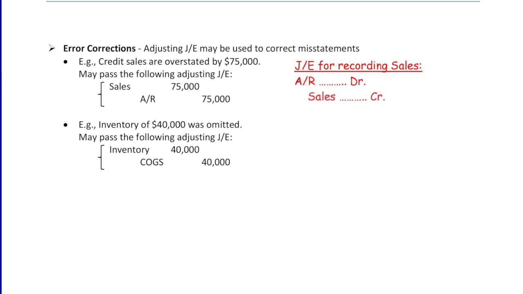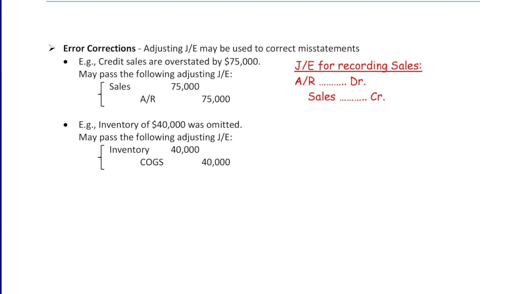Now, if credit sales are overstated by $75,000, then you need to actually pass a reverse journal entry. That's the adjusting journal entry where you debit sales and credit accounts receivable.